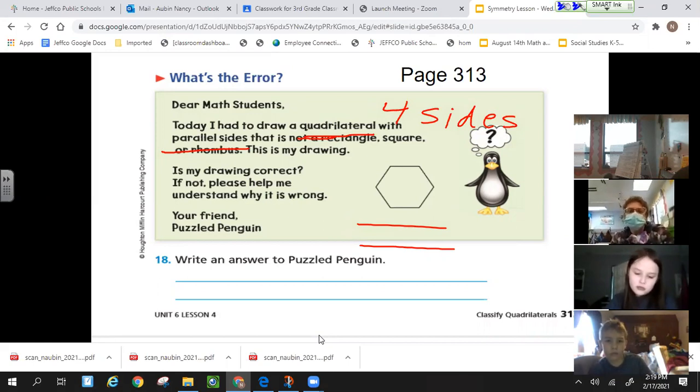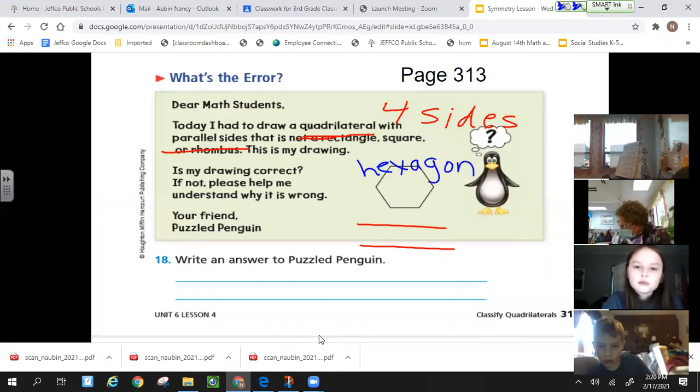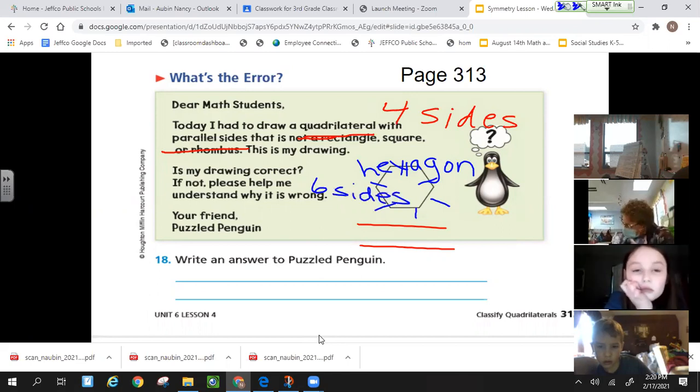What is this called? Starts with an H. Very good. This is a hexagon. Evie, how many sides does a hexagon have? It has 6 sides. 1, 2, 3, 4, 5, 6. So could that be a quadrilateral?